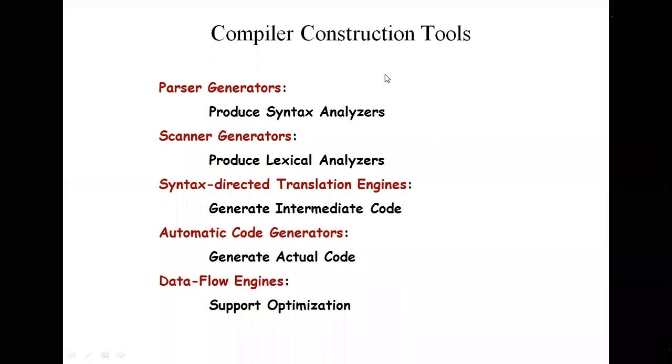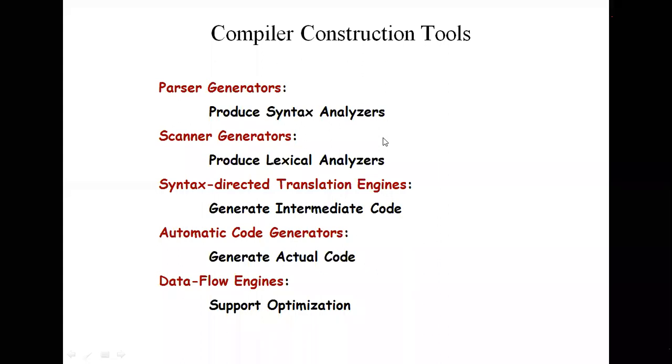Make a note of this. Basically, it is useful for performing the optimization. So here also the specification is in the form of an intermediate code representation. That's it. This is about the compiler construction tools, a brief description delivered in this class.